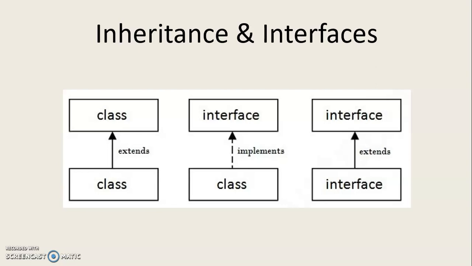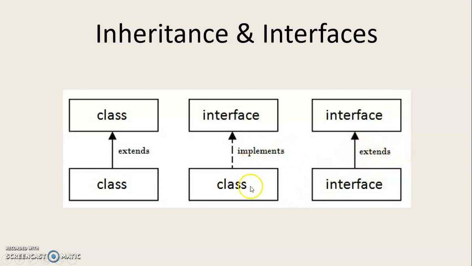You have already studied that you use the keyword extends for inheriting a class from another class. If you are inheriting a class from another class, you have to use the keyword extends. Similarly, if you are going to inherit an interface from another interface, you use the same keyword extends.